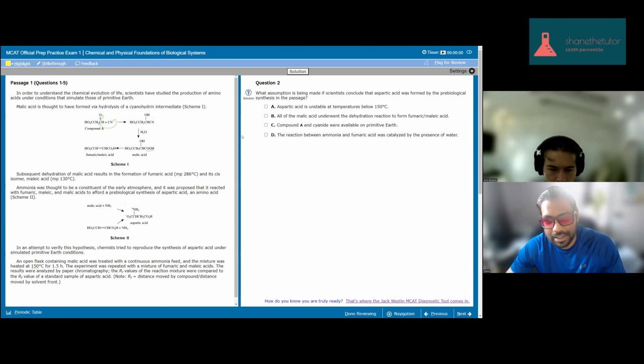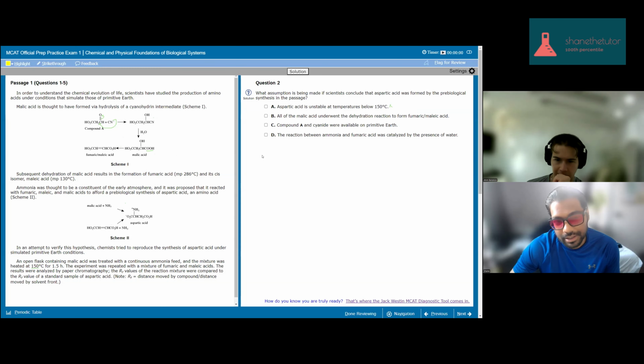So this is not an assumption we need to make in order to prove this hypothesis, because they're not heating it because it's unstable at lower temperatures. So I don't think it would be that.